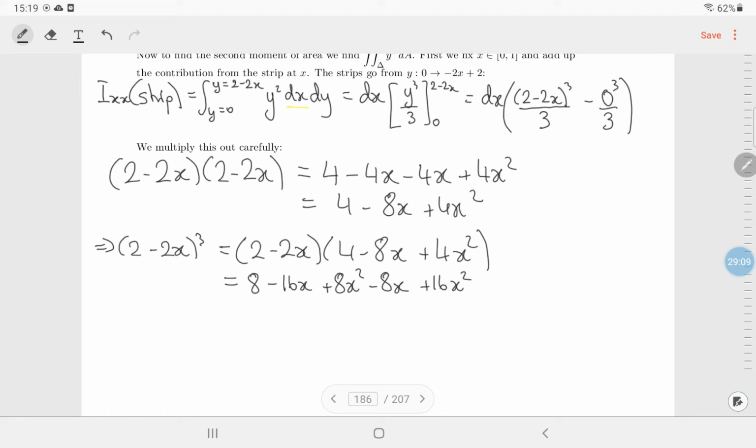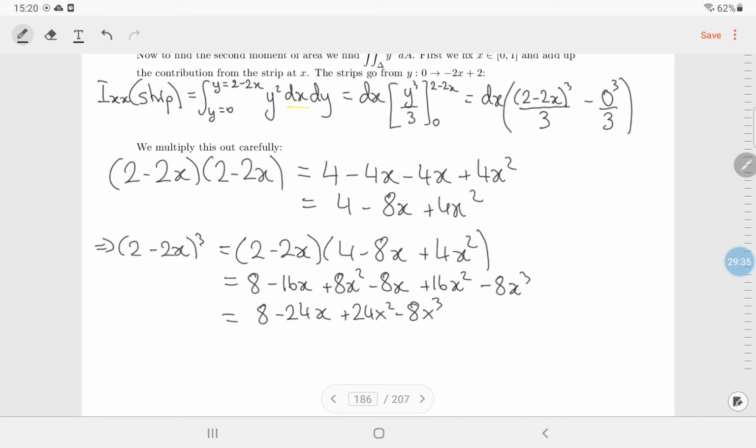And finally, minus 2x by 4x squared is minus 2 by 4 gives us minus 8, and x by x squared gives us x cubed. And we can add together the x's and the x squared. So we get 8 minus 24x plus 24x squared minus 8x cubed. There's something as well called a binomial theorem that can possibly make that a little bit easier.